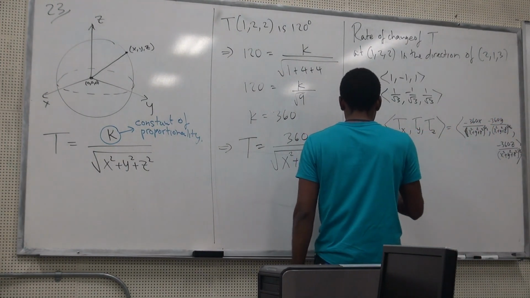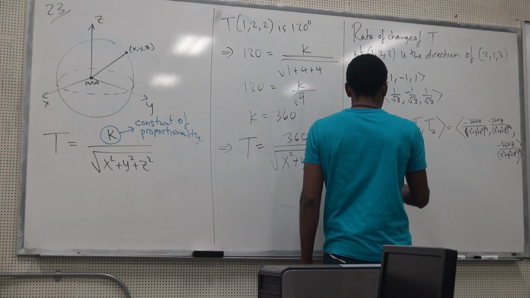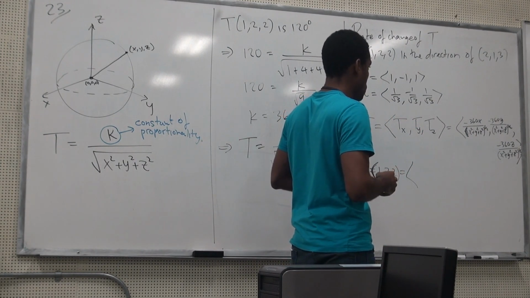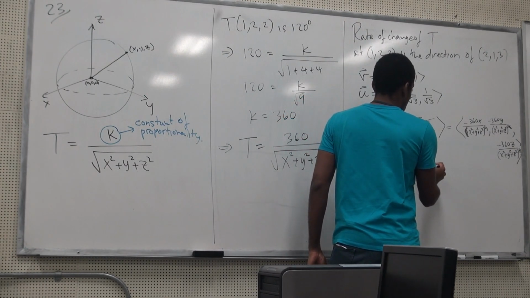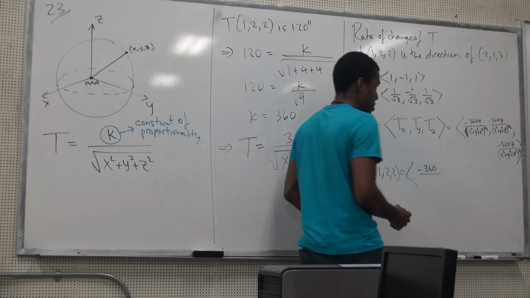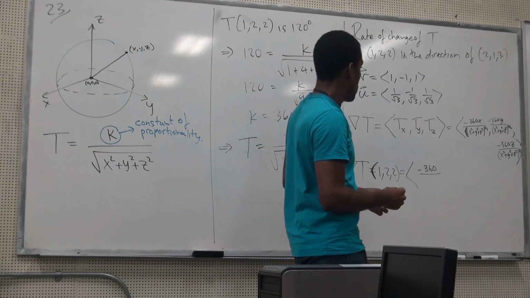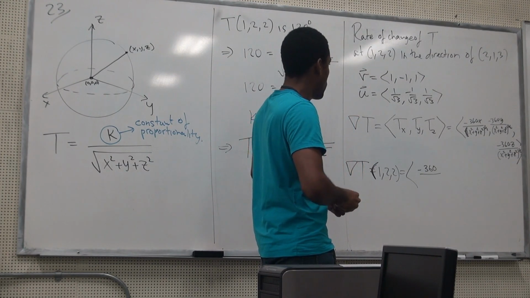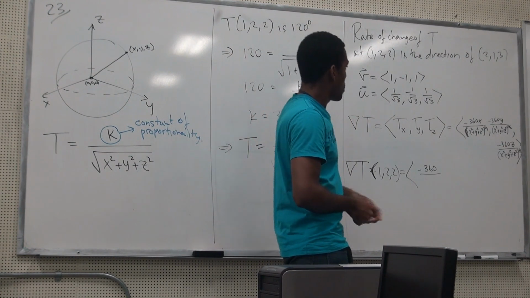So the point of consideration is 1, 2, 2. The gradient at 1, 2, 2 is, what's going to be the vector? Negative 360 over, how do you get that? I just plugged in the point.